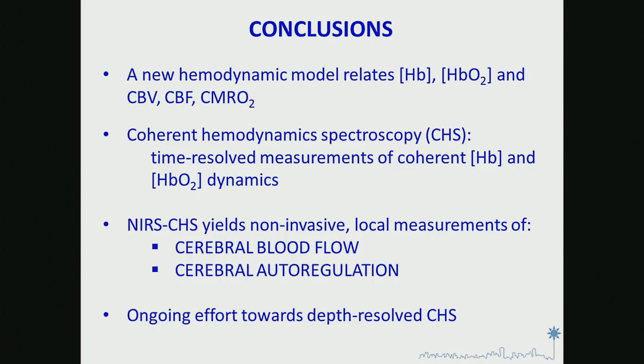And then I've shown how coherent hemodynamic spectroscopy provides non-invasive, local measurements of cerebral blood flow and cerebral autoregulation. One of the main efforts currently is to perform depth-resolved CHS to achieve discrimination between the top layer of extracerebral tissue and the bottom layer of cerebral tissue.